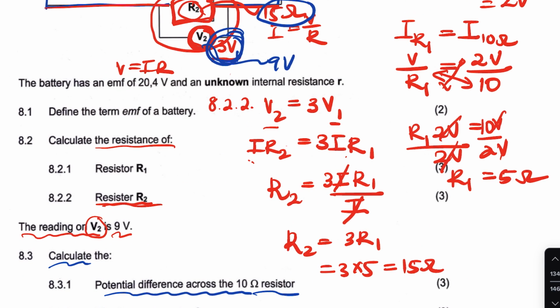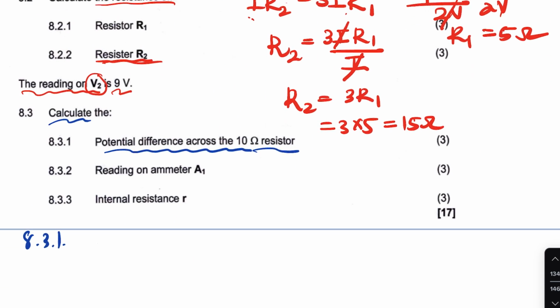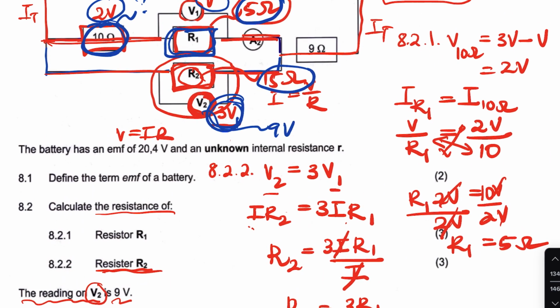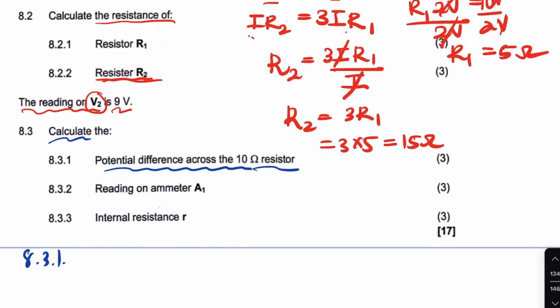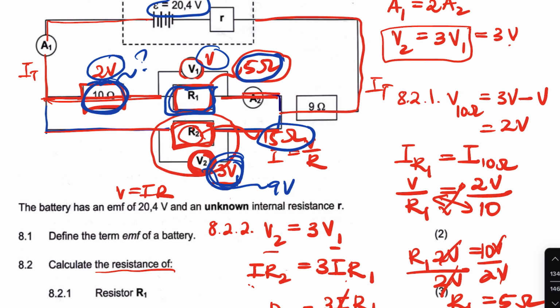So what are we going to do here, guys? We are going to need to be smart about it here as well. 8.3.1. What is going to help us to get the potential difference there is that V2 is equal to 3 times V1, right? We're still talking about these two.